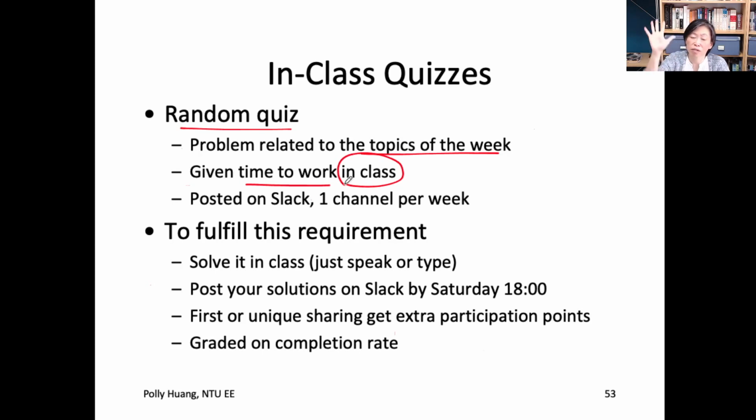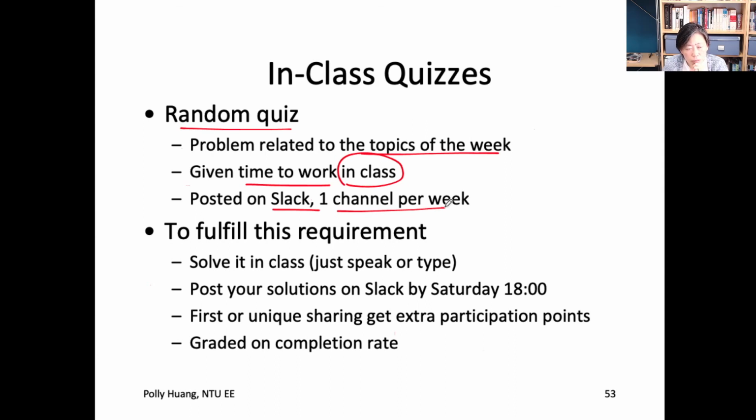And you can volunteer yourself, try to speak in the class, or try to type your answer, or try to upload a photo of your solution, or derivation towards the solution, onto Slack. Or post by typing things up on YouTube live chat.